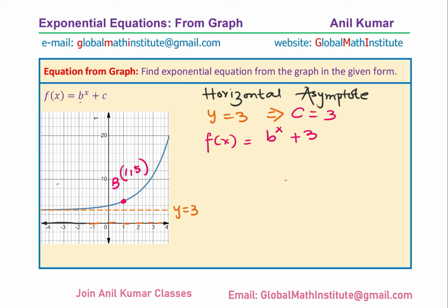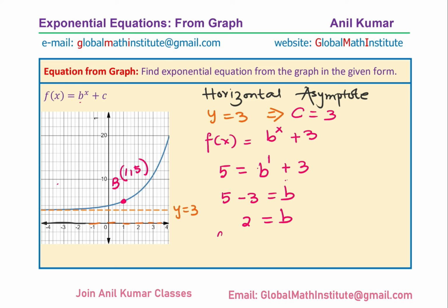So if I substitute 1 for x and 5 for y, I could get the value of b, right? So let's write down 5 is the y value, b to the power of 1 plus 3, correct? So, taking 3 to the left side gives me the value of b, and that is 2, right? So, value of b is 2.